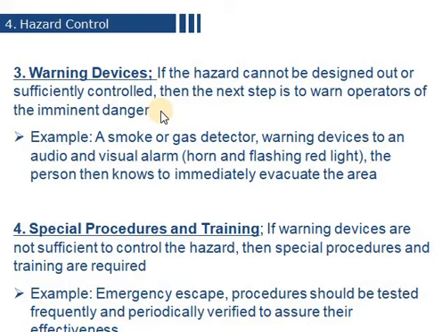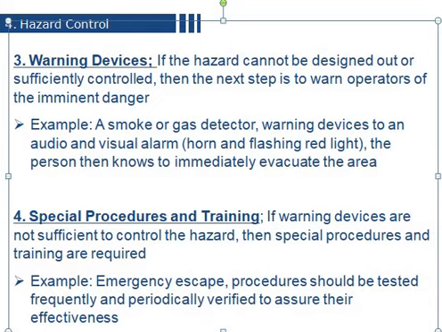For example, when we use gas detectors or smoke detectors, if we see that the detector is working and producing the horn or the red light, then this is a warning to people working that the danger is imminent, and you should start following the escape plan or leaving the place immediately, or evacuate entirely the area.